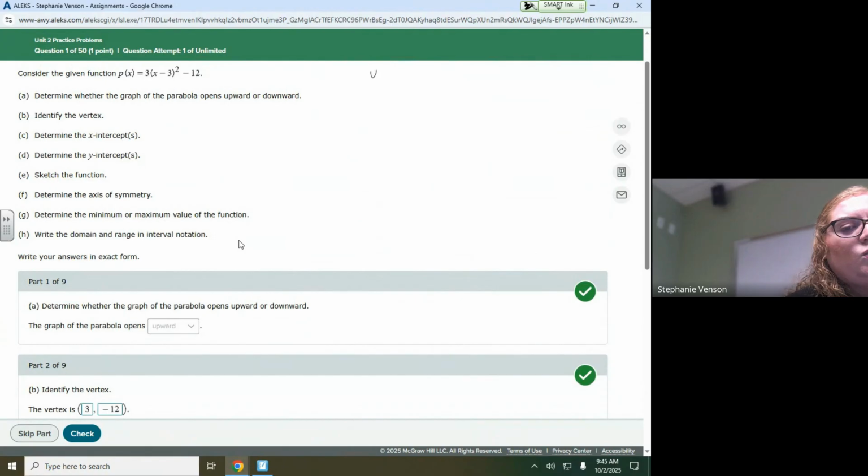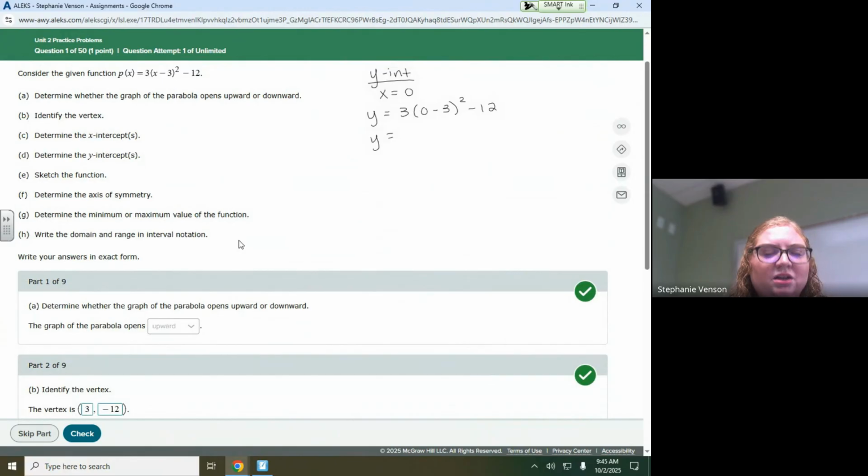Okay, y-intercept is where we let x equal 0 or plug in 0. So y equals 3 times (0 minus 3) squared minus 12. So let's see, 0 minus 3 is -3. And (-3) squared is 9. And 9 times 3 is 27.